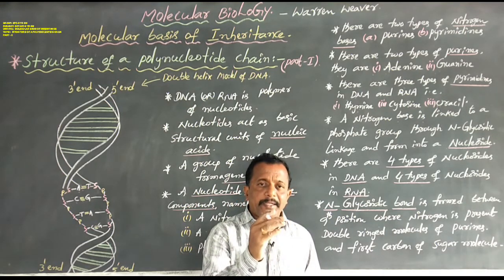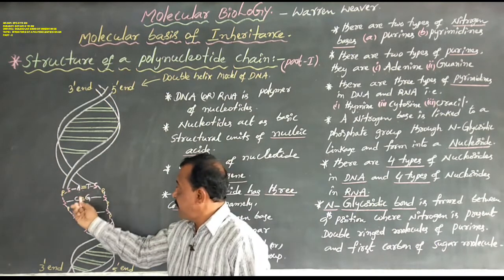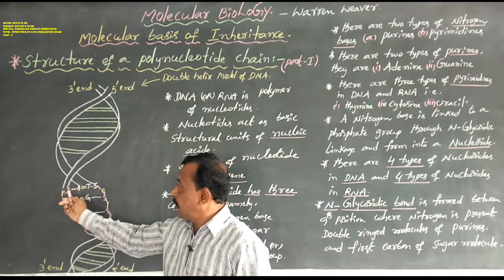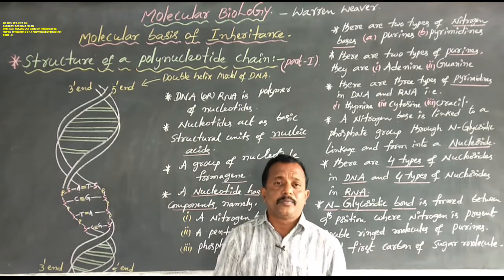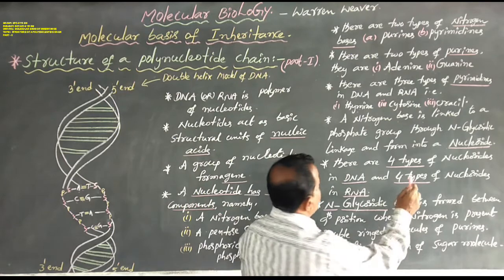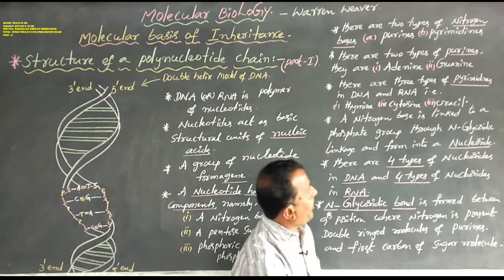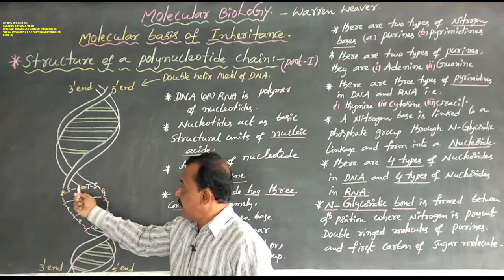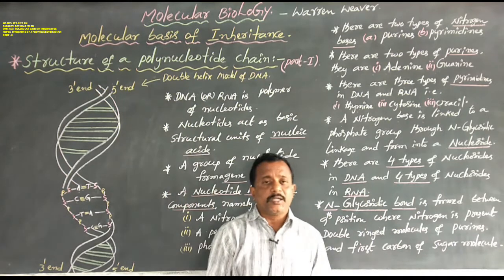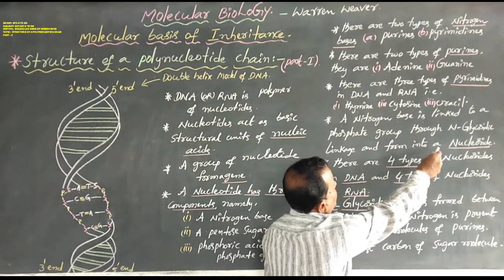A nucleotide means a nitrogen base along with sugar and phosphate group, that is nucleotide. But a nucleoside has only a nitrogen base linked to the sugar, not involving the phosphate group.